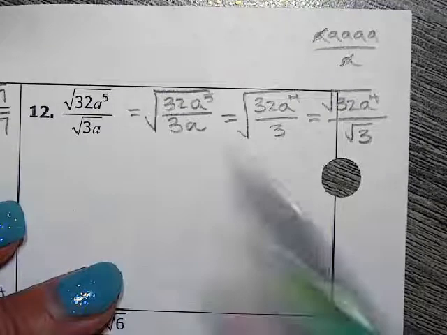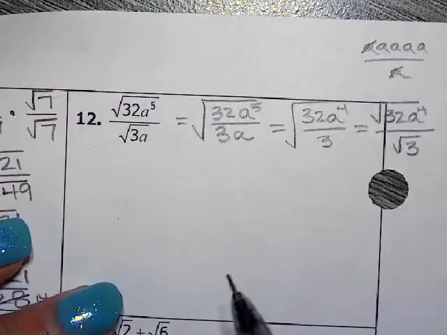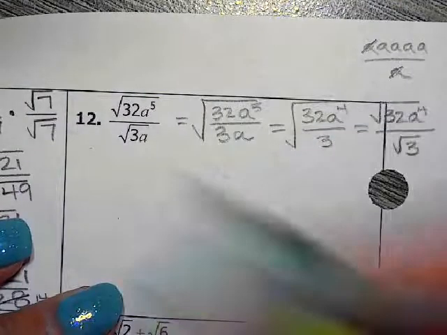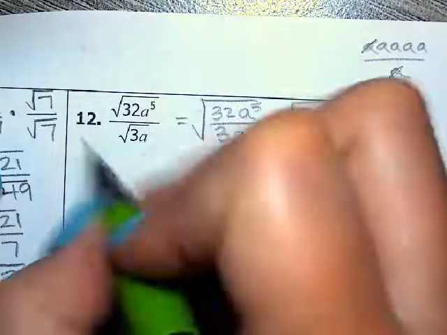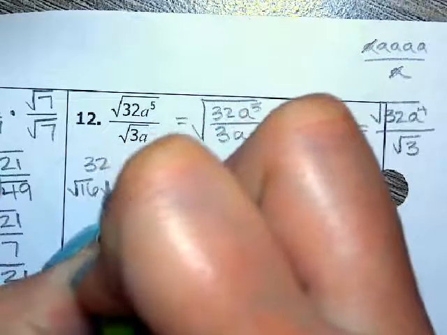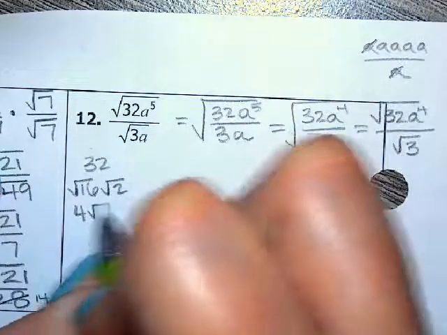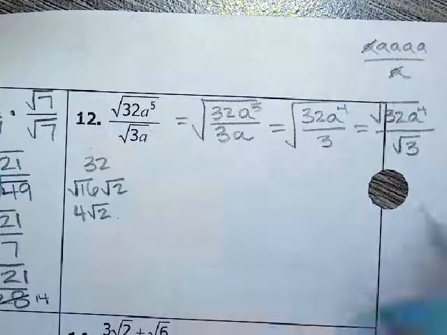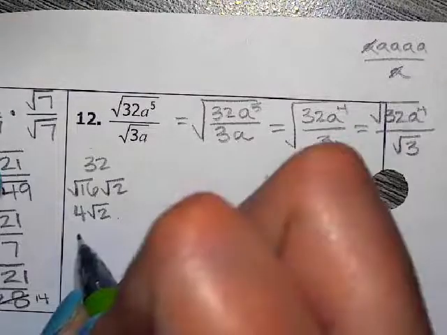Okay, I'll go ahead and do the perfect square method again since we did the factor tree on the front so many times. So 32 is root 16 root 2, so that is 4 root 2. Then for the a's, I'm going to stick with drawing them out and counting them because I think it's easier. So 4 a's, we got a pair, we got another pair.